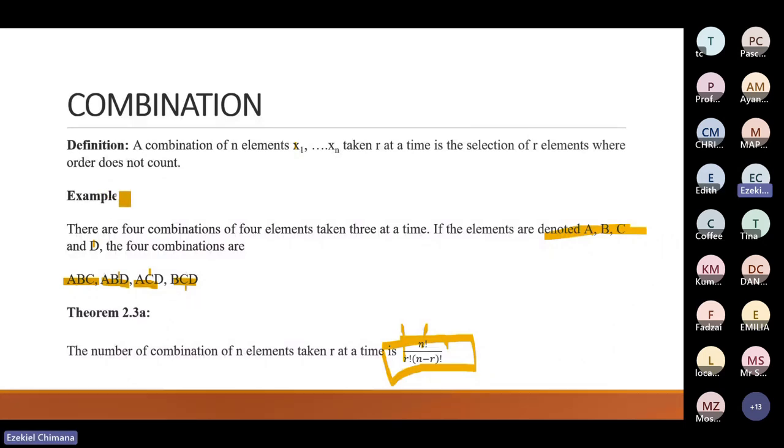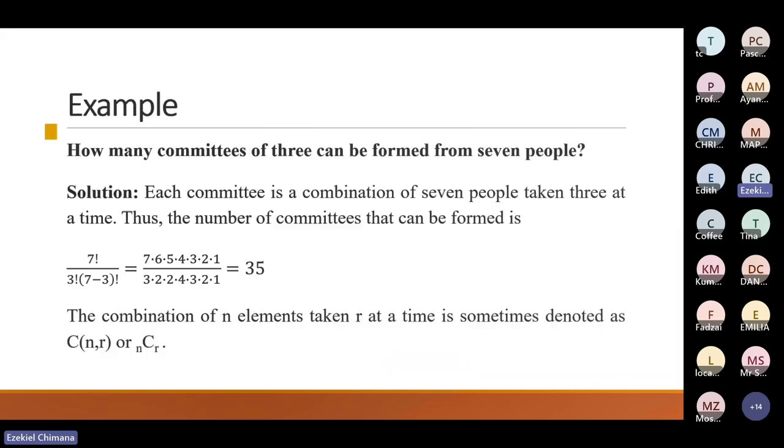Okay, so that's the formula that you use. So this one is an example. How many committees of 3 can be formed from 7 people? There are 7 people, and you want to form a committee of 3 people. So you are saying there's Susan, there's Vimbai, up to 7 people, and you want to place them into a committee of 3.